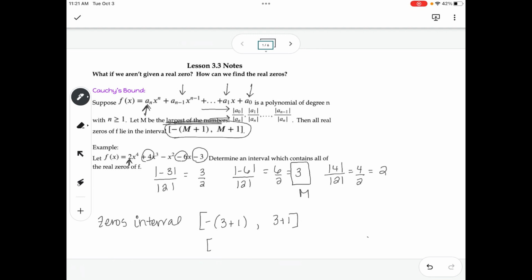Since m is 3, our zeros are going to be in the interval between -4 and +4. That way I don't have to check -5, -6.25, or anything weird and wonky. I know that all of my real zeros are going to land between these two numbers.